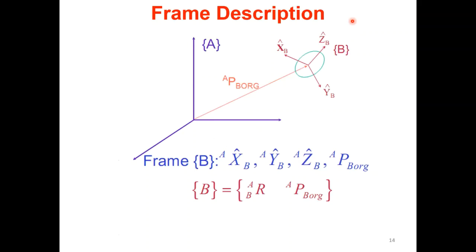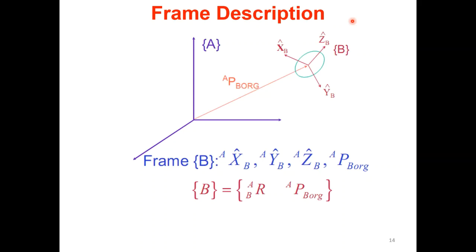Then comes the frame description. A description of a frame is a complete description of a coordinate frame with respect to a world coordinate frame, a base frame. Here you can see the blue frame is the reference, and there's another frame in space, frame B. It is disoriented with respect to A, and now you know how to describe the orientation, and it is also translated, linearly shifted to some other point.